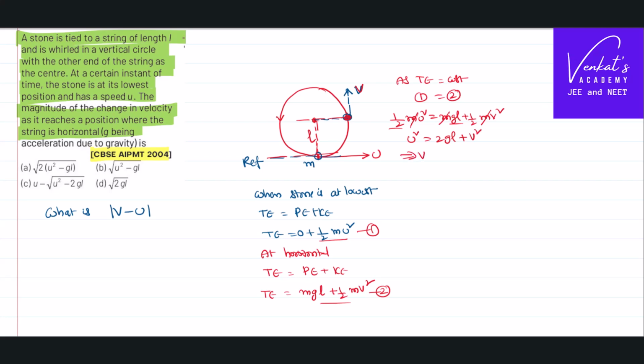It implies v square equals u square minus 2gL, or v equals root of u square minus 2gL. This is the velocity at the horizontal.